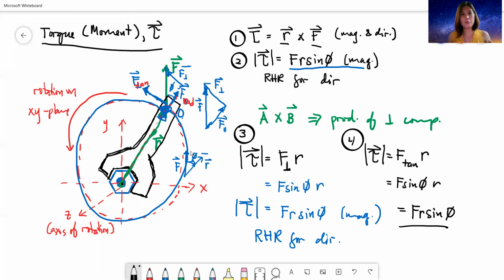So that's another way of looking at F tangential. As long as the motion is a complete rotation, it's only the tangential force, the force that's perpendicular to R, that will have a moment. And then the radius of the path will be the magnitude of the position vector R. Okay? I hope you've learned many things about torque.